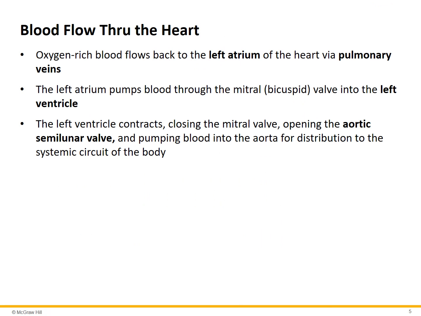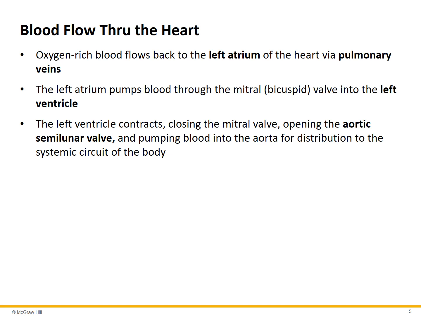The blood is now oxygenated, or oxygen rich, and it flows back into the left atrium of the heart through the 4 pulmonary veins. There are 2 on the right side and 2 on the left side.